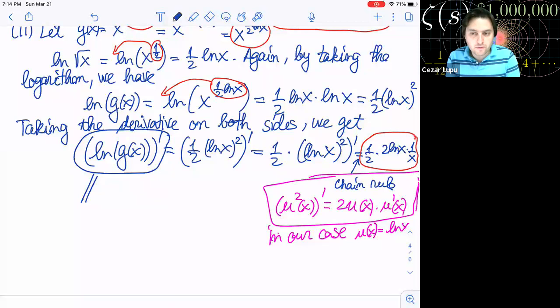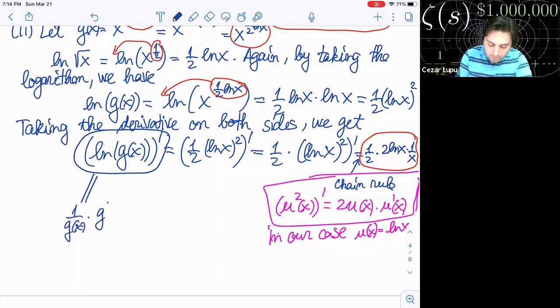Guys, what is the derivative of ln of g of x? I just replace f by g. So it's 1 over g of x times g prime of x. Exactly.